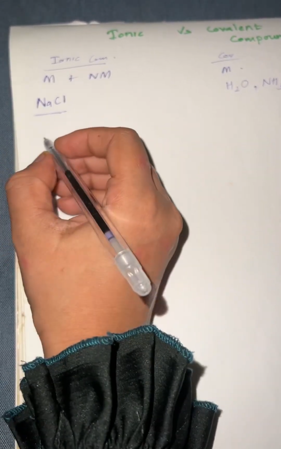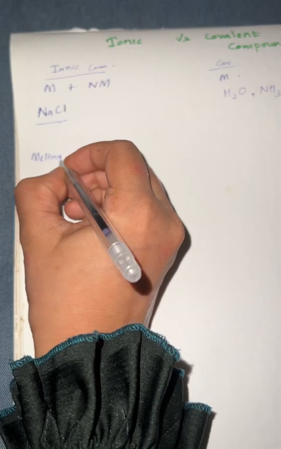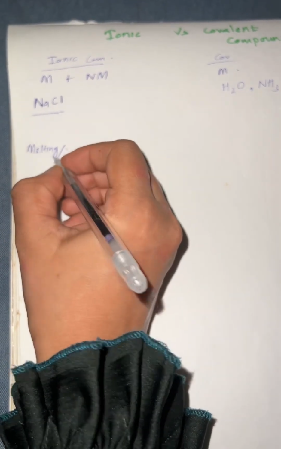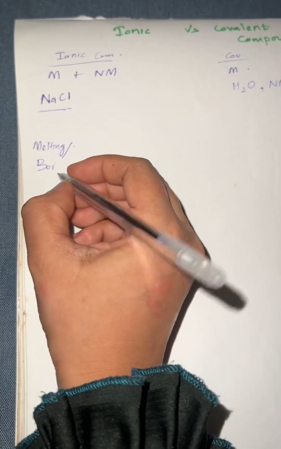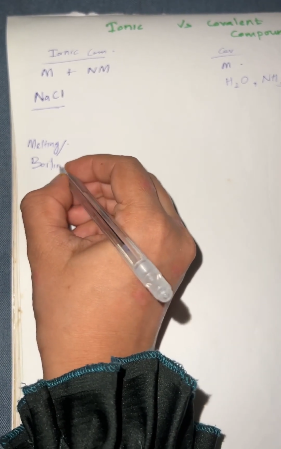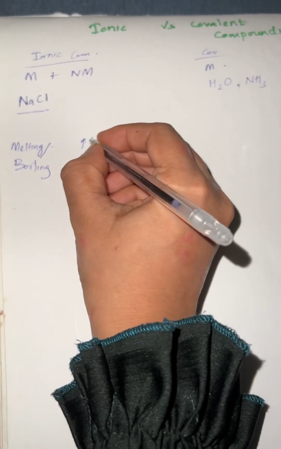So we have to consider the melting and boiling points. In ionic compounds, the melting and boiling points are very high.